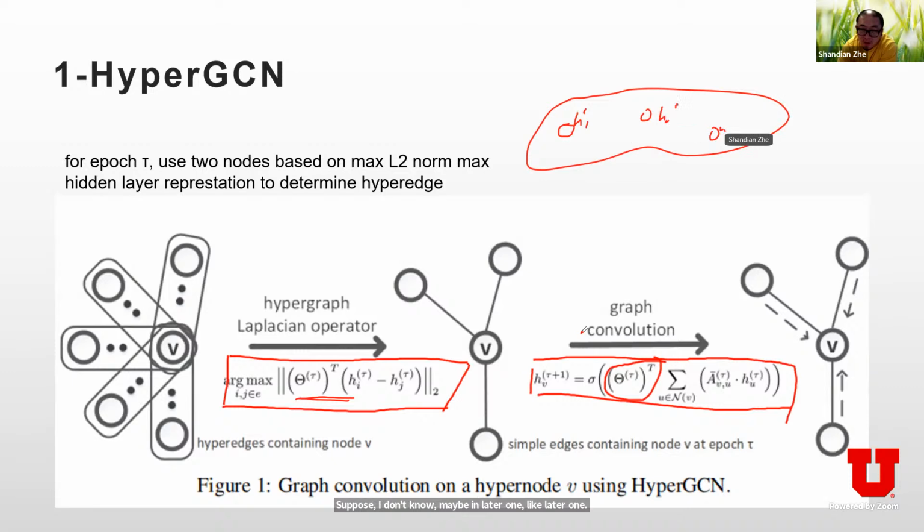They first multiply with this theta tau, with H1, H2, H3 to get their signal, then compare, then decide which pair of the nodes has the maximum difference of the signal. Then they add an edge, right?